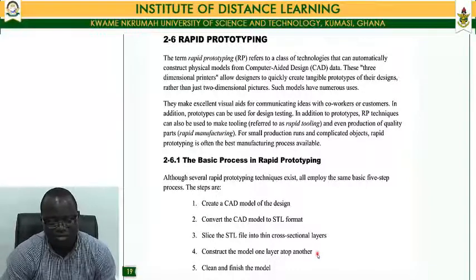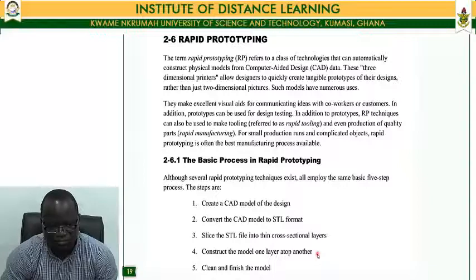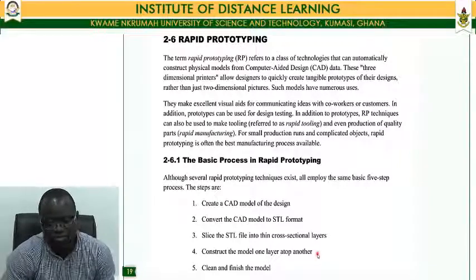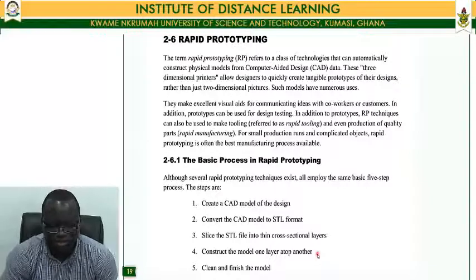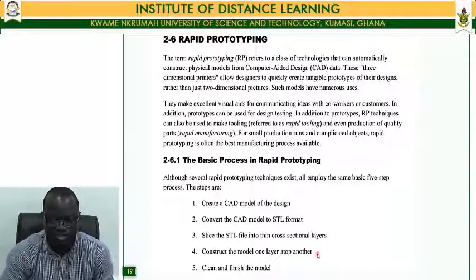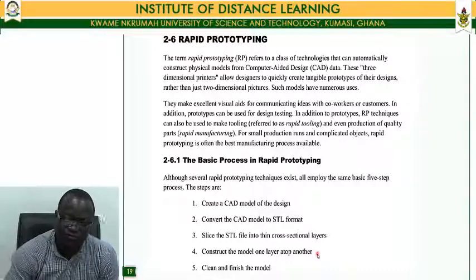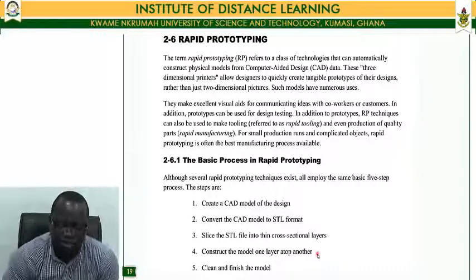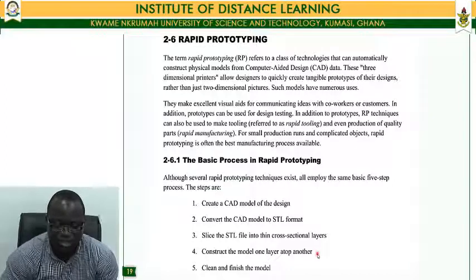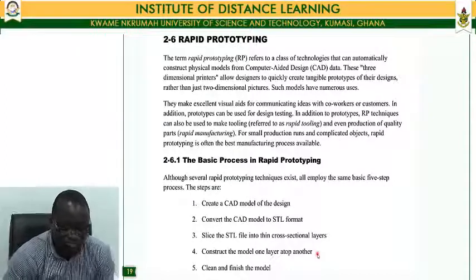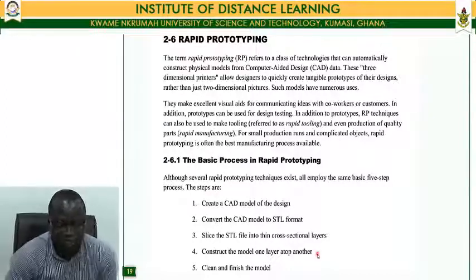The technique involves the use of what we call three-dimensional printers, which allow the designer to quickly create tangible prototypes of the designs rather than just having a two-dimensional picture, such as a drawing on paper.